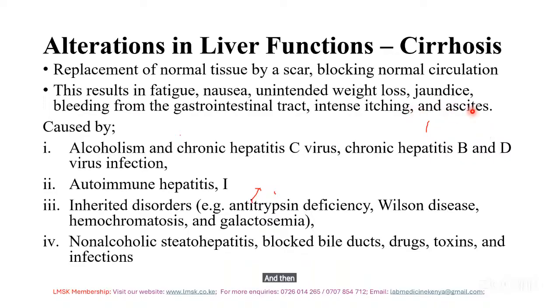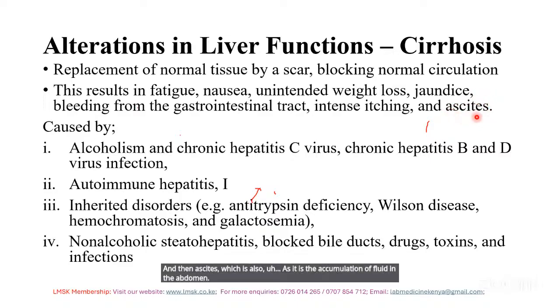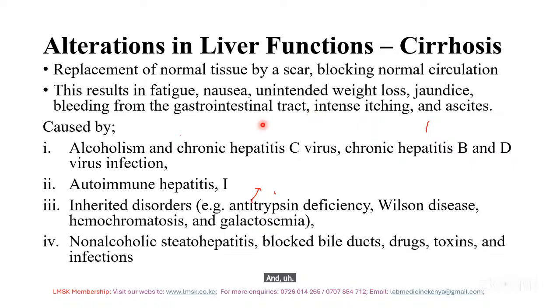And then ascites, which is the accumulation of fluid in the abdomen, and you can see those cases happen in people with cirrhosis.